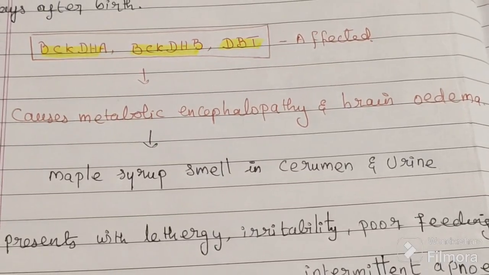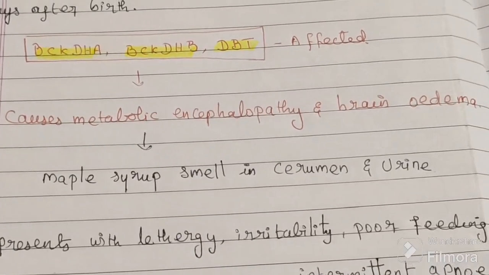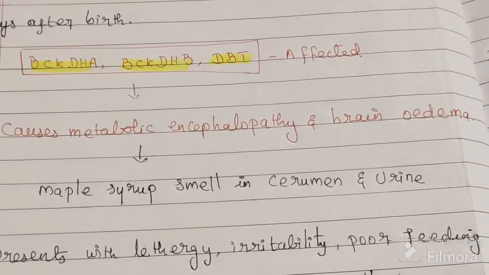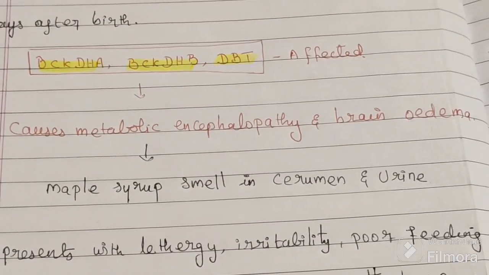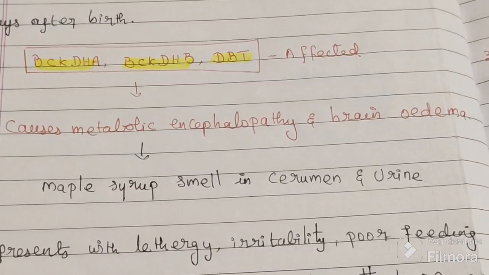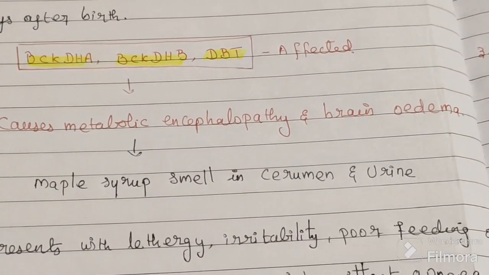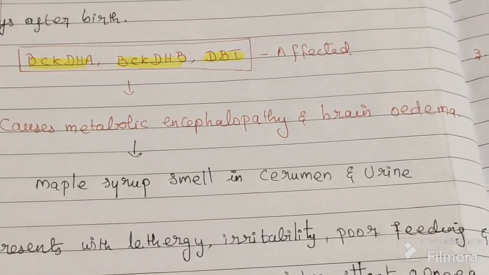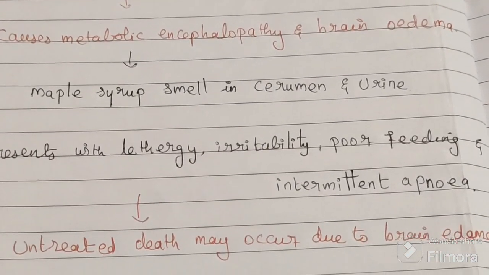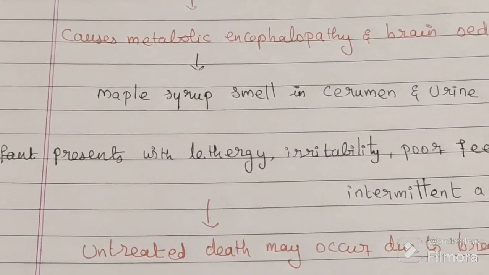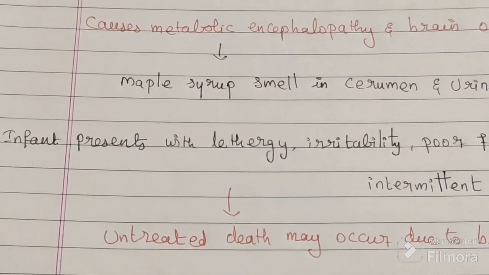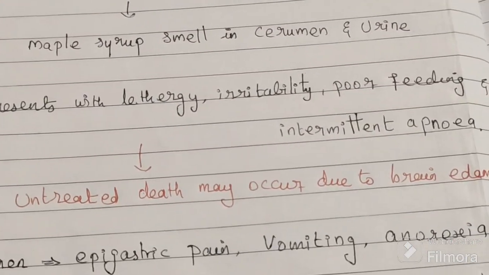There is a maple syrup smell in the cerumen and urine. The infant presents with lethargy, irritability, poor feeding and intermittent apnoea. If untreated early, death may occur due to brain edema.